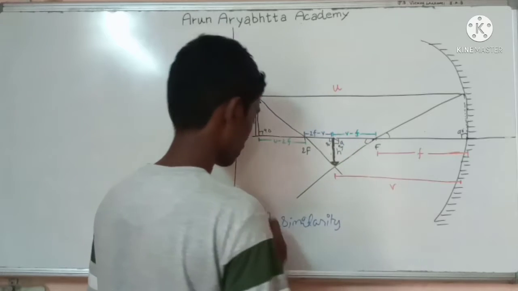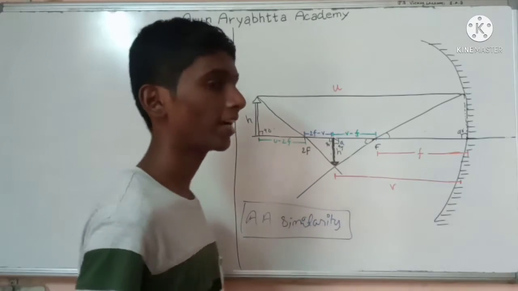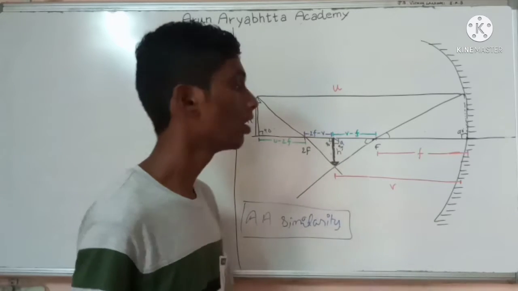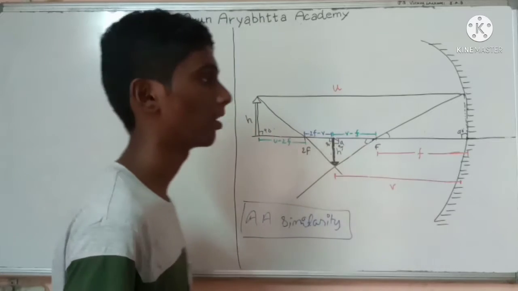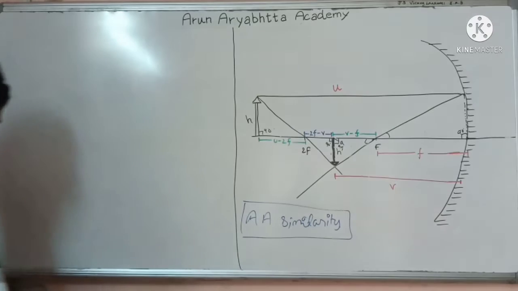because AA similarity tells us that if two angles of two triangles are equal, the two triangles are similar. So these two triangles are similar and their sides are proportional to each other.